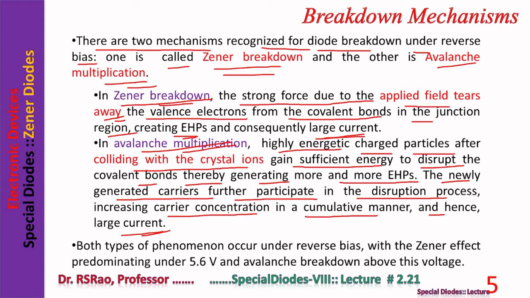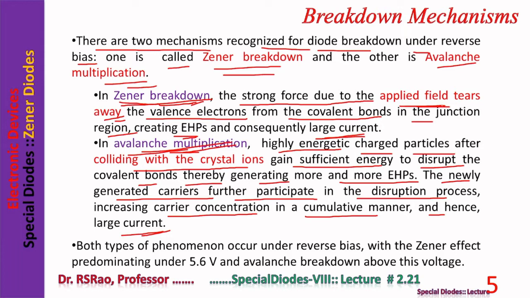There are two possibilities for the behavior of Zener diodes or breakdown diodes. One possibility is Zener breakdown, another possibility is avalanche multiplication. Of course, both do not happen simultaneously. Only one happens in any diode. Zener breakdown is due to field ionization. It is the field which creates carriers.